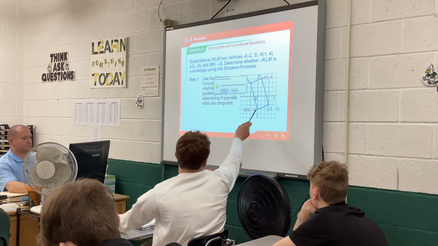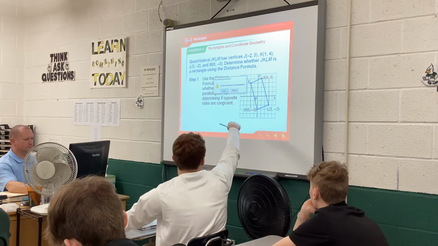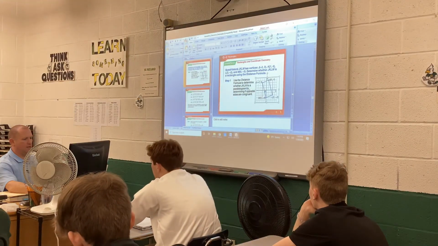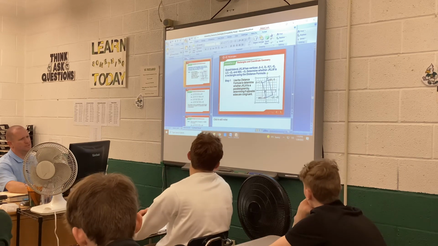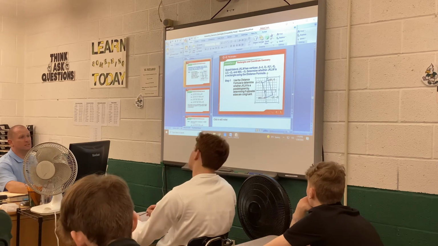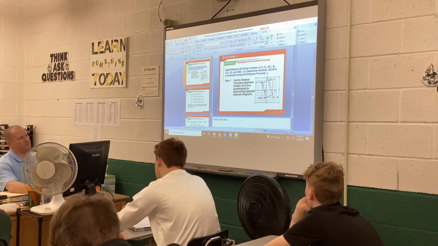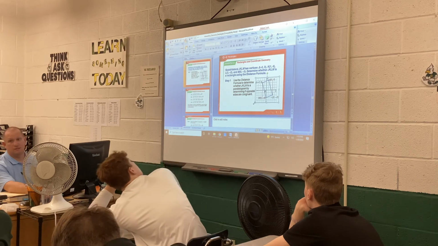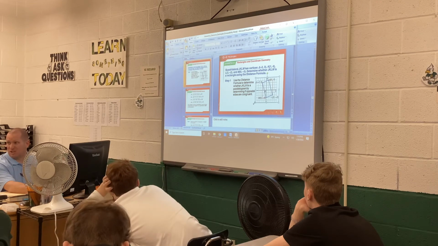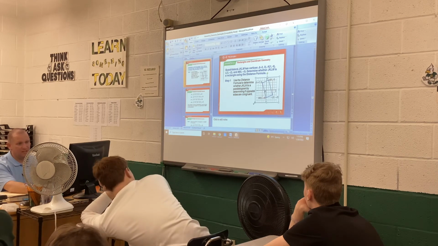If you were gonna use a distance, does it matter which points you use? In a sense, yes, you can't use diagonal ones. Well, actually you could. Because you could do the distance formula from here to here and here to here and prove that. Right? Because if the diagonals are congruent, then I know that it's a rectangle.